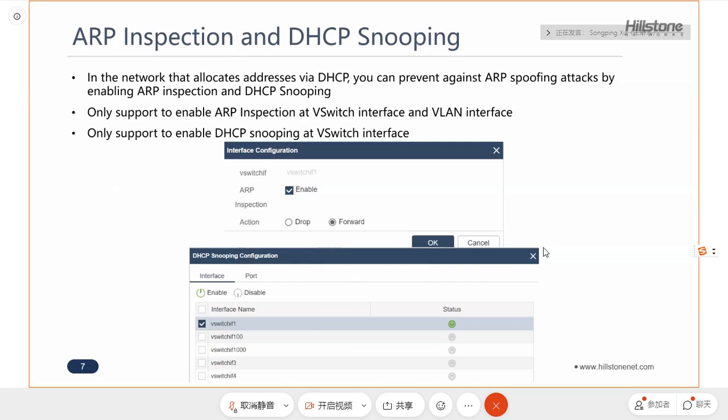ARP inspection is supported at the virtual switch interface and also the VLAN interface. And the DHCP snooping function is supported at the virtual switch interface, to ensure normal DHCP service for the IP distribution.